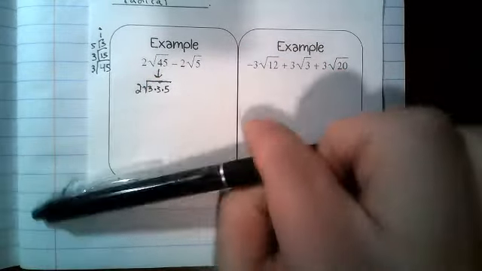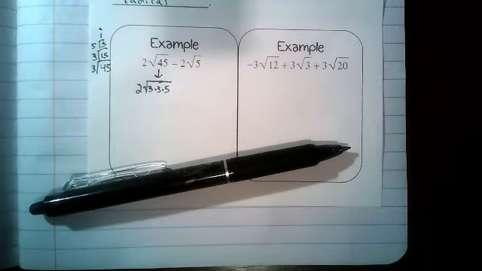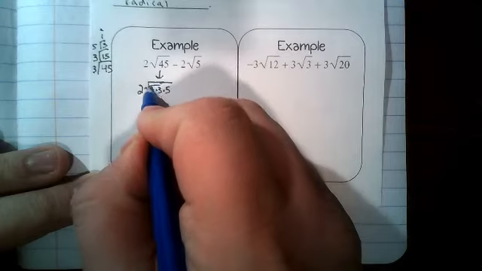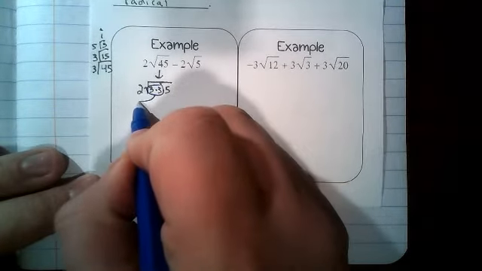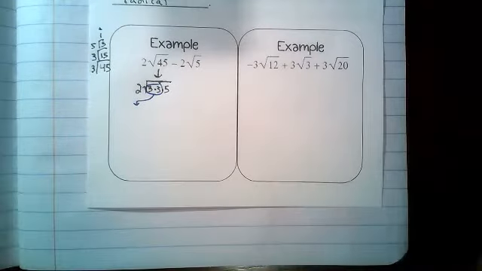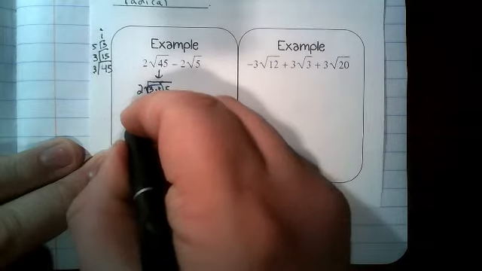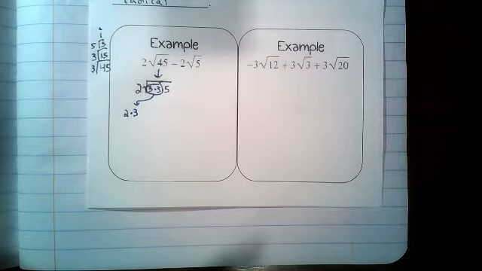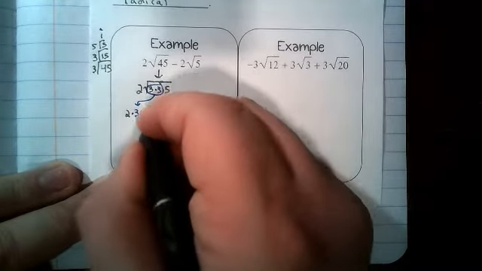Now because I've got some groups and I can take out groups of 2 just like the previous entry, I have 3 and 3 here, so I'm going to take out those 3's. And so what I have left is 2 times the 3 that I just took out, and then what's left is the square root of 5.